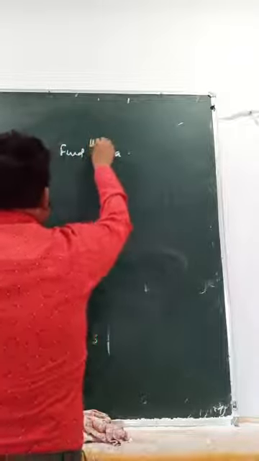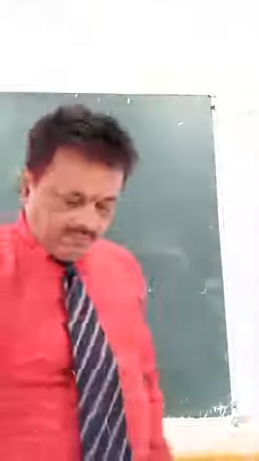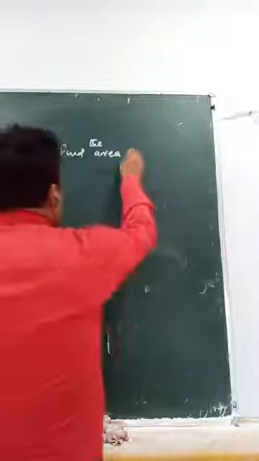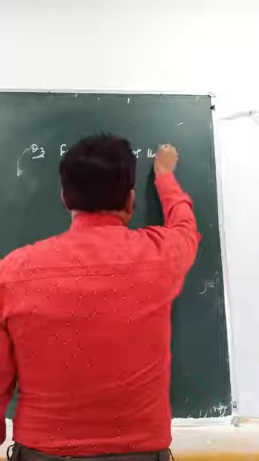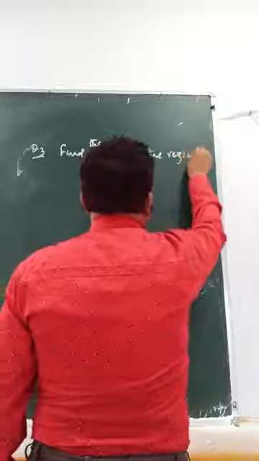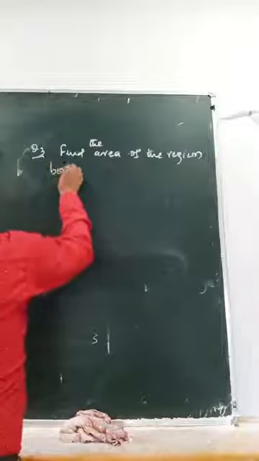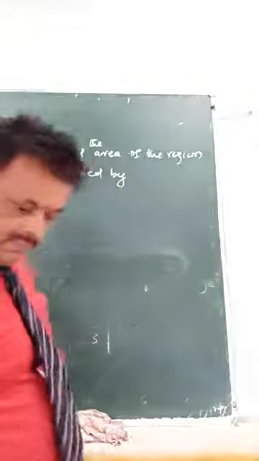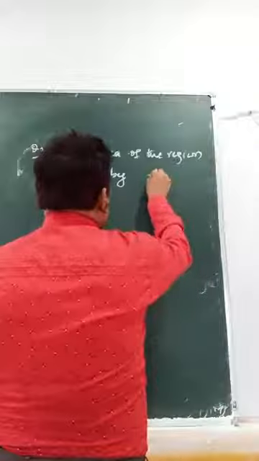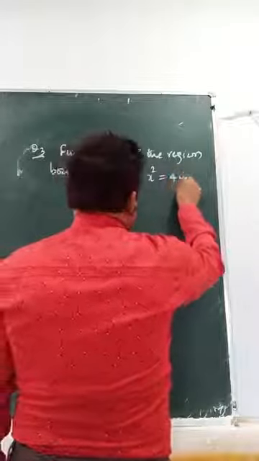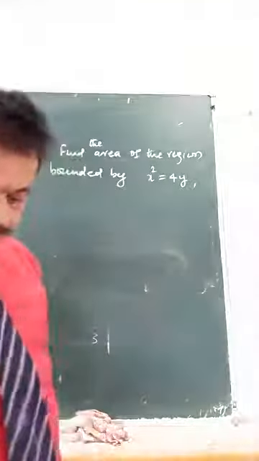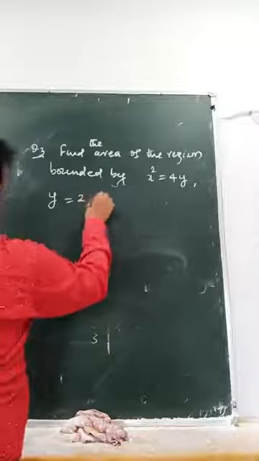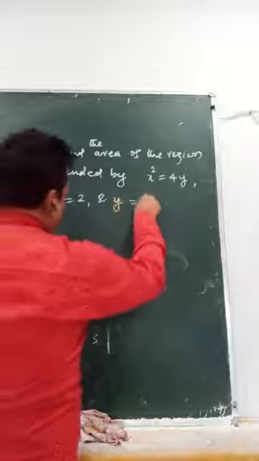Find the area of the region bounded by x square is 4y, then y is equal to 2 and y equals to 4.